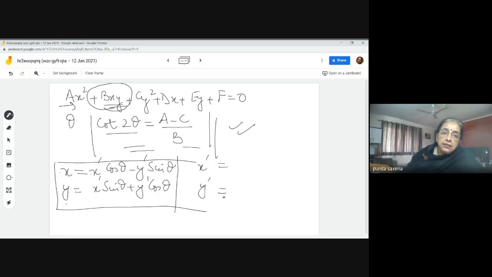If you simplify, you will see that you can write x dash as x cos theta plus y sin theta and y dash as minus x sin theta plus y cos theta. You can try it yourself.